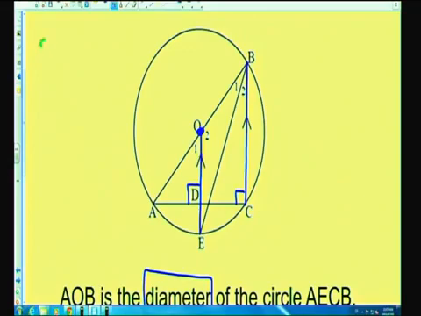So what did we start with? We said angle C is equal to 90 degrees. And the reason for that is angle in a semicircle, or you can say angle subtended at centre is twice angle at circumference, but this one is probably better. Then we said that this one here, now notice there's no numbering.